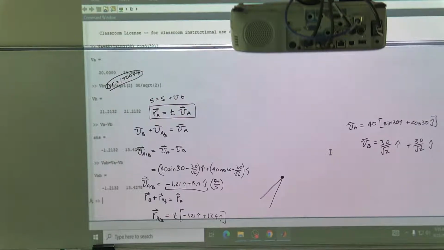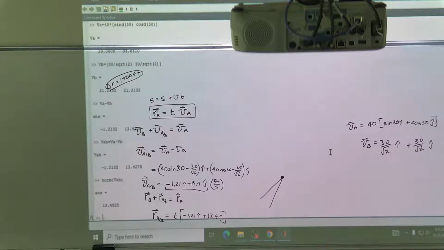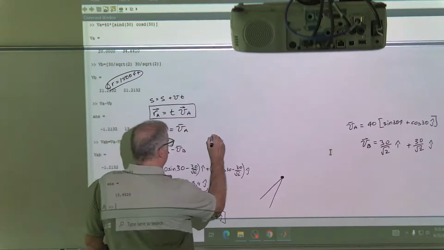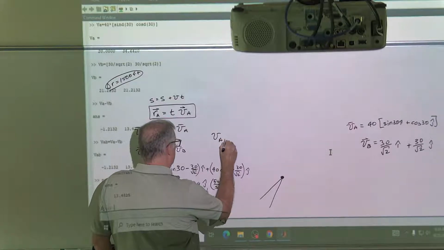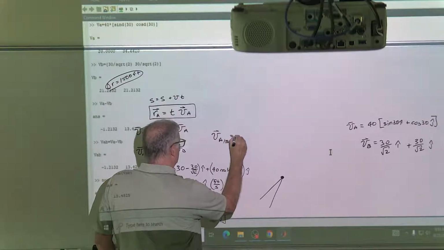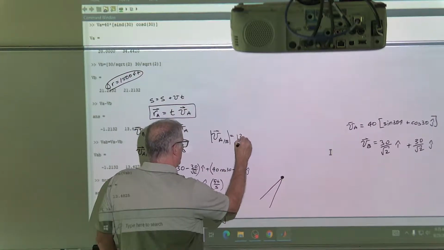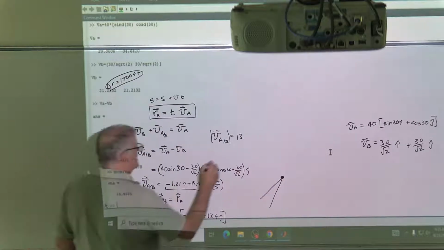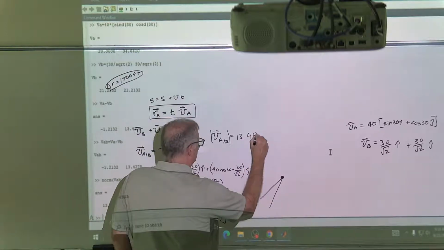And then I'll do the norm, which is the square root of the sum of the squares. And it becomes 13.4825. So what I'm getting at is the magnitude is equal to 13.48. I'll just say 48.